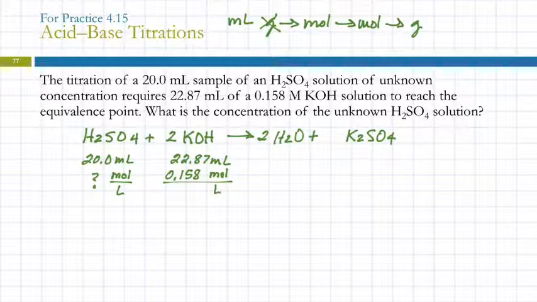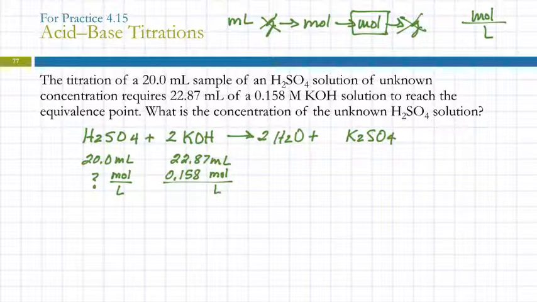We want moles per liter, so we don't want grams. If we stopped here with the moles and divided by liters of solution, we'd get the molarity. Everybody okay with that?